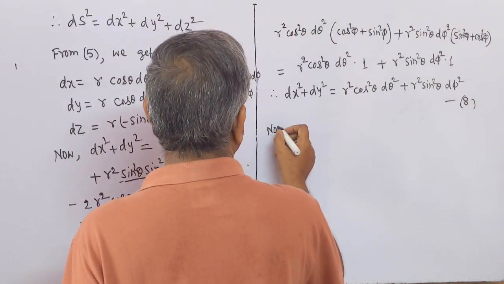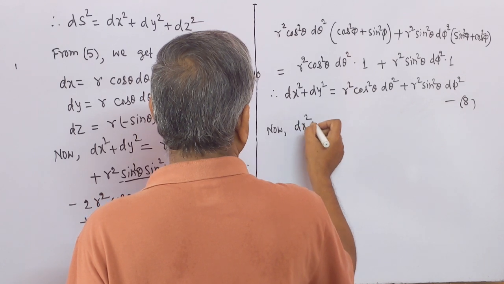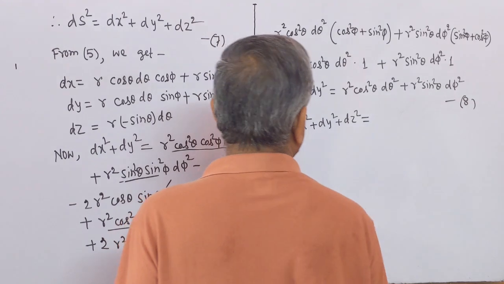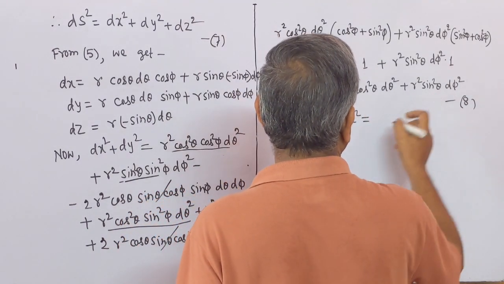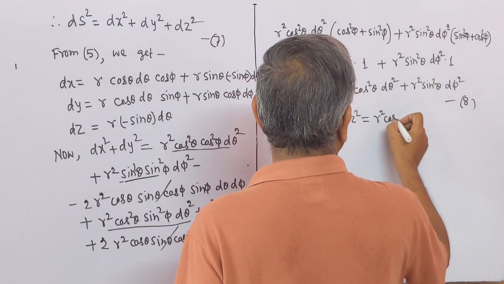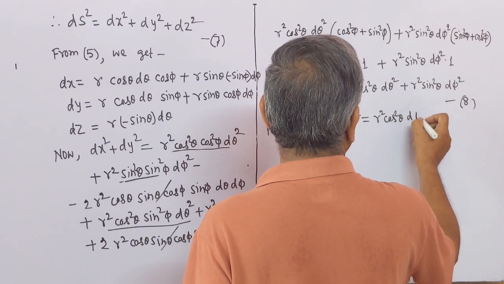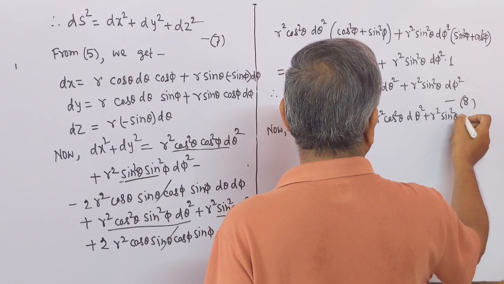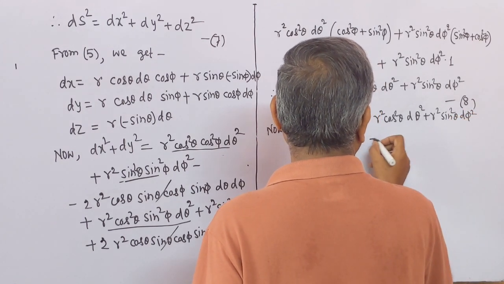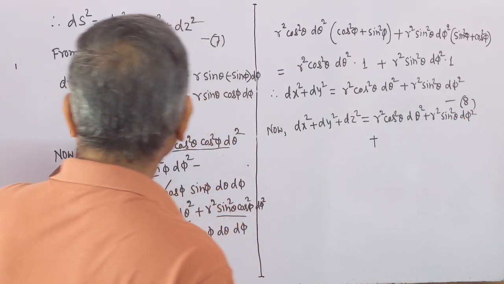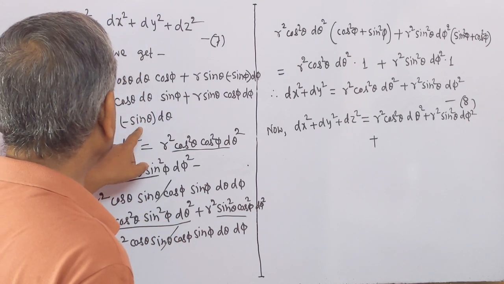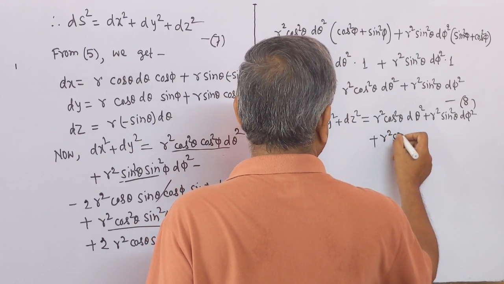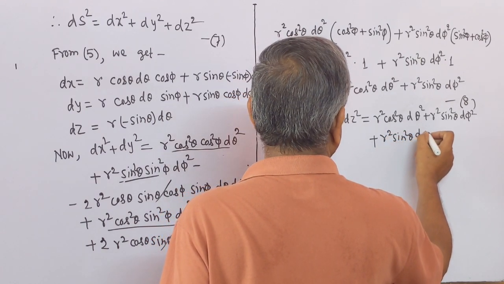Now dx square plus dy square plus dz square equal to, first we write this, r square cos square theta d theta square plus r square sin square theta d phi square plus dz square, which is r square sin square theta d theta square.